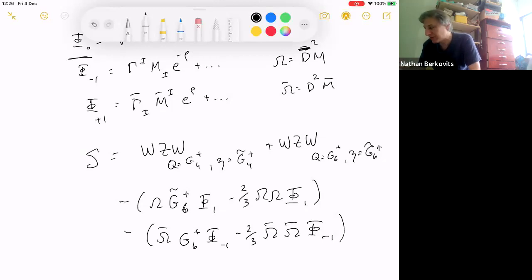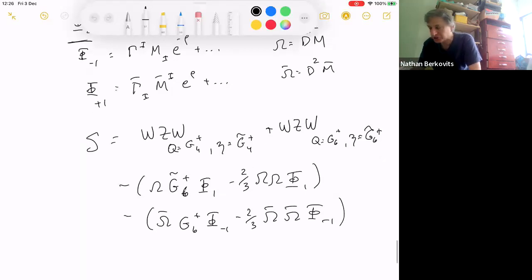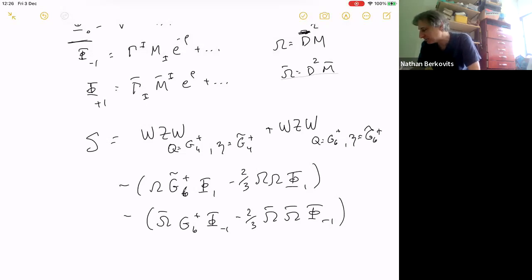Then finally you get a contribution which couples phi 0 to the Calabi-Yau degrees of freedom. So let me write down what it is. It's complicated, but just to be complete.